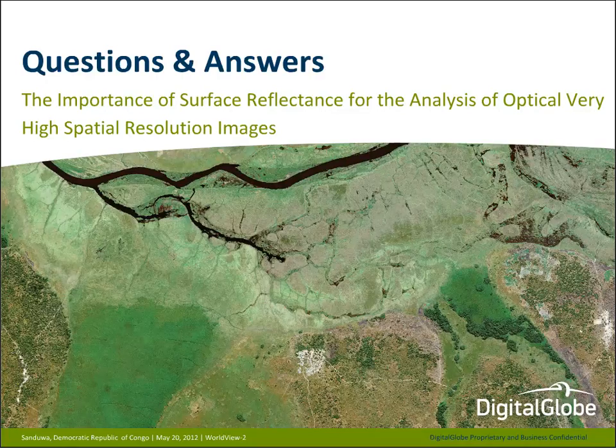Regarding the advantages, well, first of all, it is fully automated, which means that there is no human in the loop. It runs on the HPC, which again means that a standard WorldView 2 scene can be processed in less than a minute. So it's very fast and completely automatic.